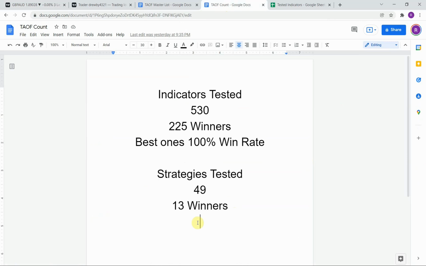The best ones so far were able to achieve a 100% win rate. Now you need to go back and watch those videos to understand the context of how they were able to achieve that. So go back and watch those videos and see what you can get out of those winning indicators. And keep in mind that we test all these strategies and indicators on the Forex market, but they can be applied to just about any market universally.